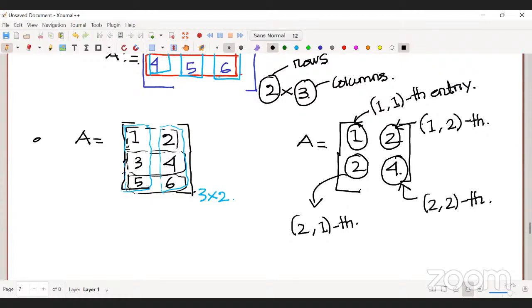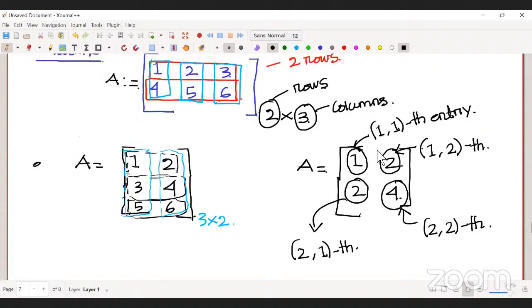If I say I'm talking about the 1,2th entry, I'm specifically mentioning this 2, not the one below. In this way we can assign a symbol, or in some sense a name, to all the entries of a matrix.